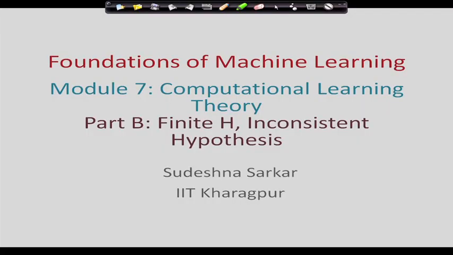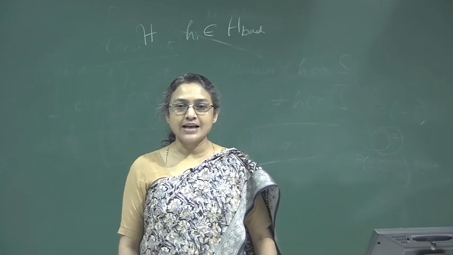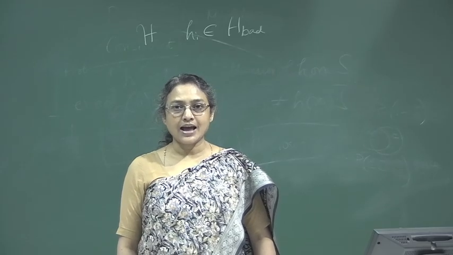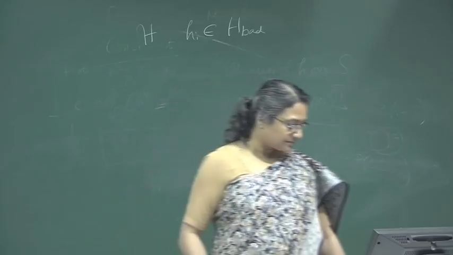So, today we will continue our discussion and look at the situation where the hypothesis output by the learner has non-zero error on the training set, and then we will look at a few worked out examples.